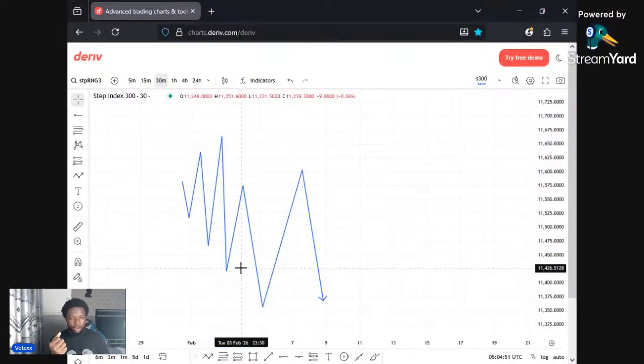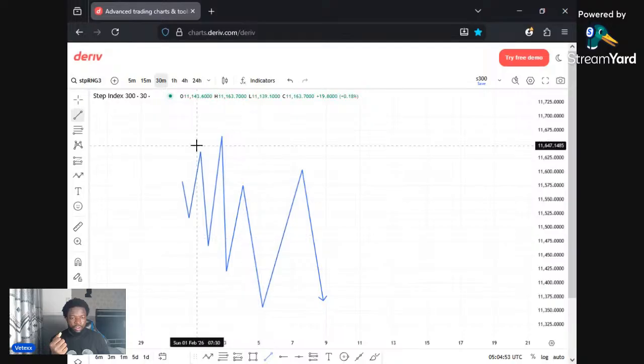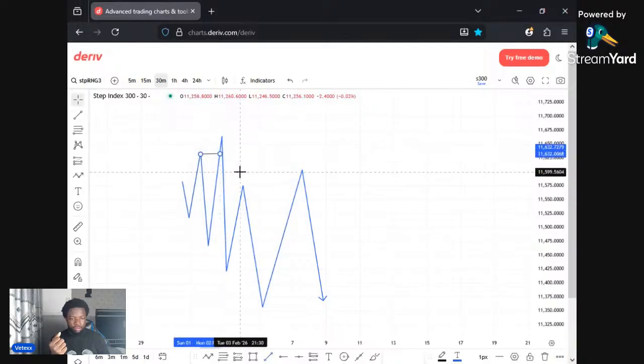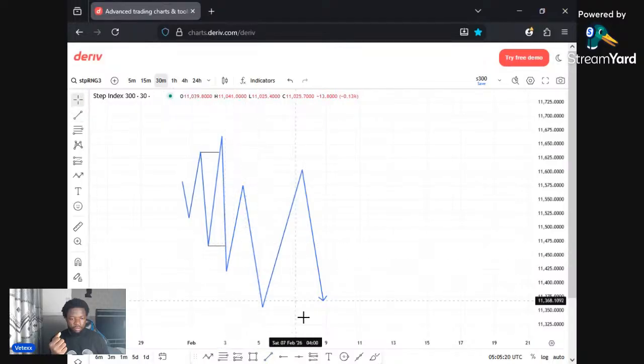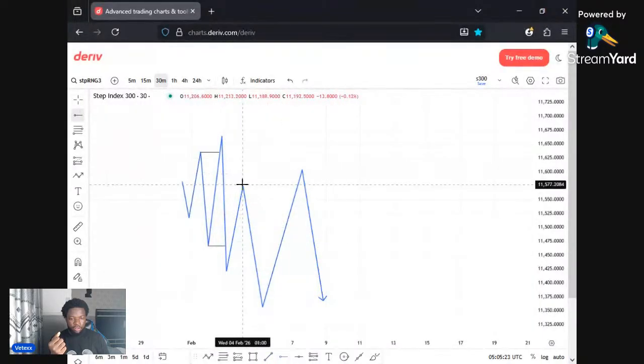We have a sweep of liquidity here, which is used for continuation. Then a sweep of liquidity, then another sweep of liquidity. We have the first break of structure. We have structural liquidity here.